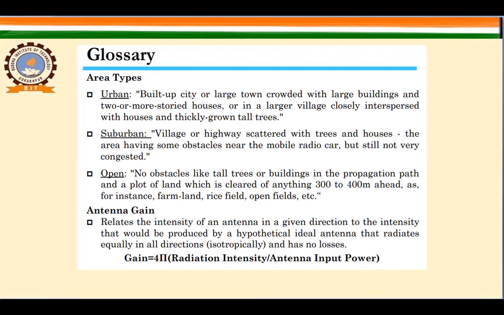The suburban areas are like villages or areas near a highway, scattered with trees and houses. The area near an industrial area has some obstacles near your moving radio car, but is still not very congested.